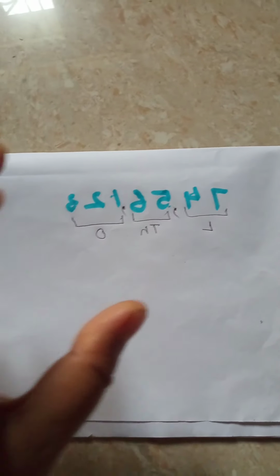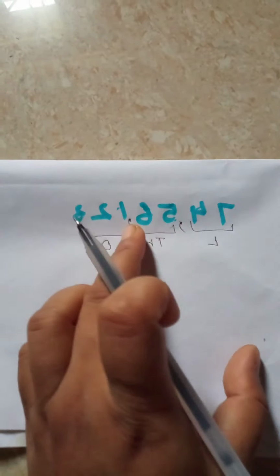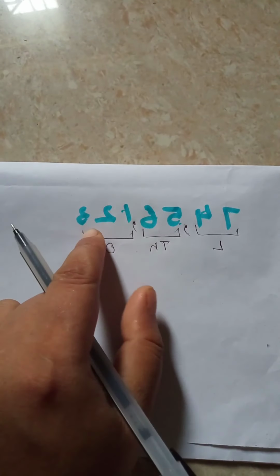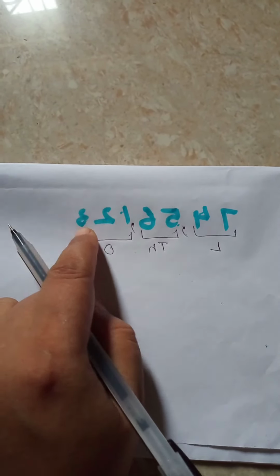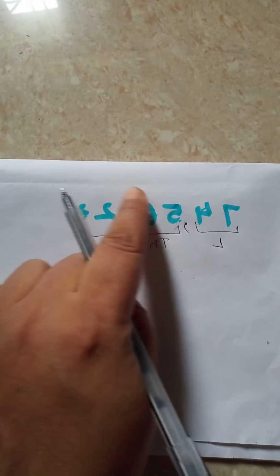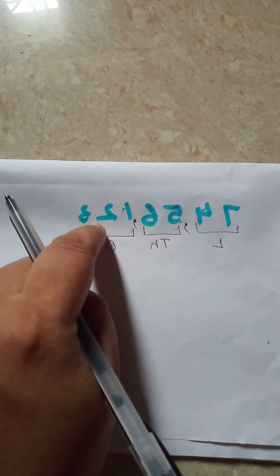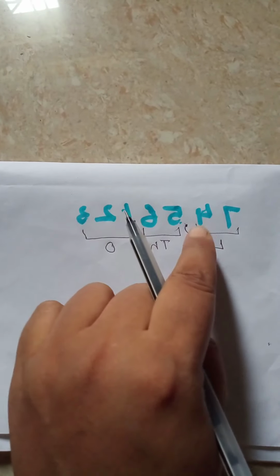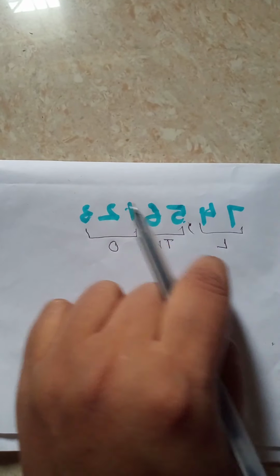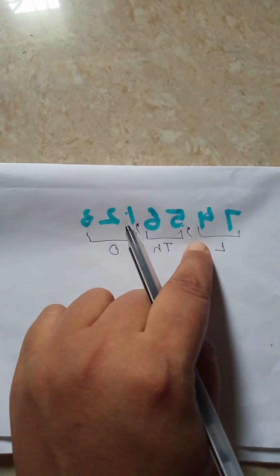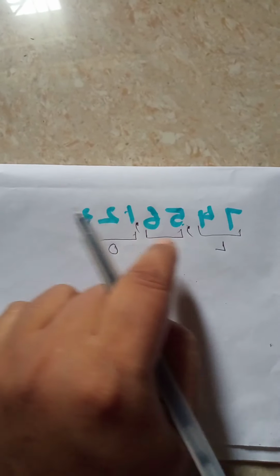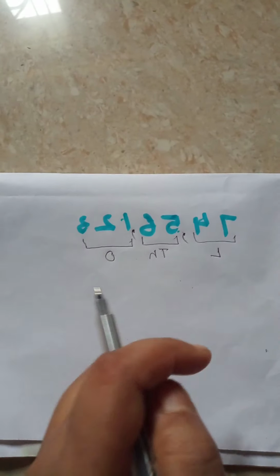So in this way we have to separate with the help of commas. In the Indian system, the first 3 digits, ones, tens, 100, will be in the ones period, 5, 6 is placed in the thousands period, and 7, 4 is placed in the lakhs period. So it is separated by these commas. Commas should be used over here to separate the periods from each other.